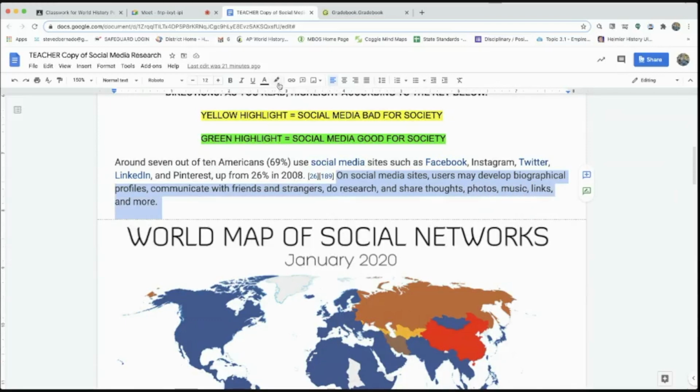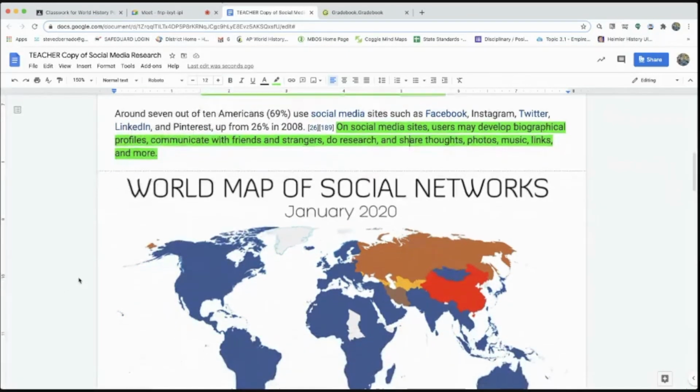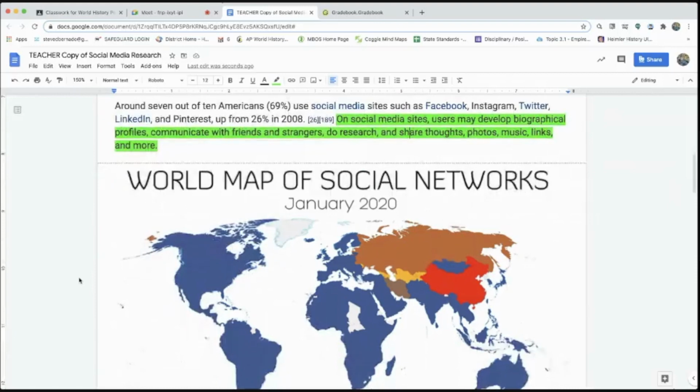I would think that was good, right? Obviously, it can be negative as well, but I'm going to highlight that green right now, and we'll see where this goes. So you can highlight that green if you want.